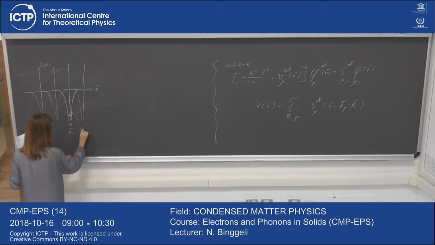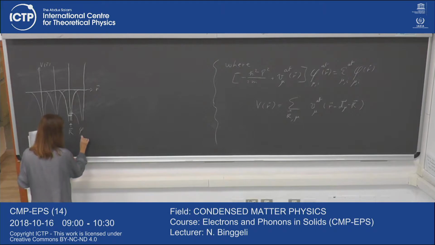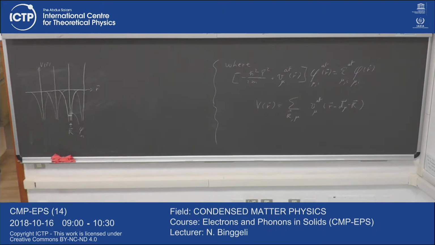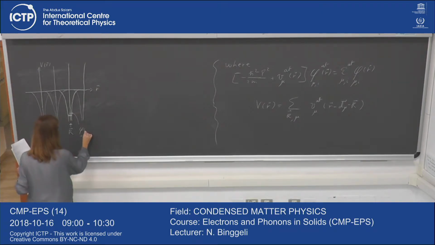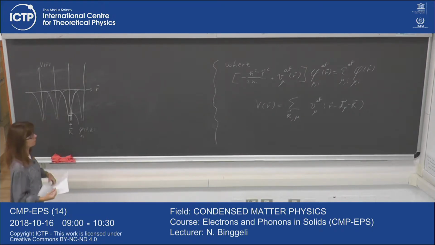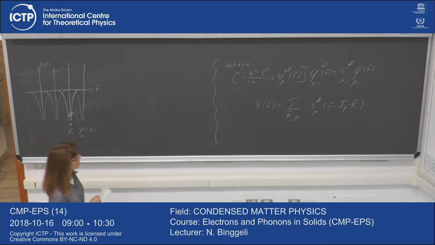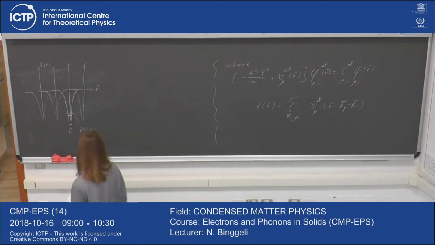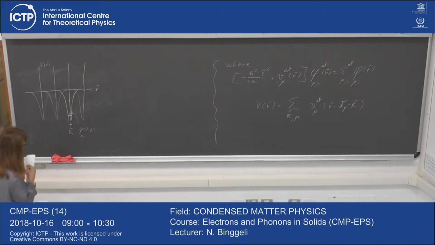So this is going to be my phi 1s centered at the site r minus capital R. Or if I do the problem in the atom, I place it at the origin. So this is going to be the wave function centered at the origin.